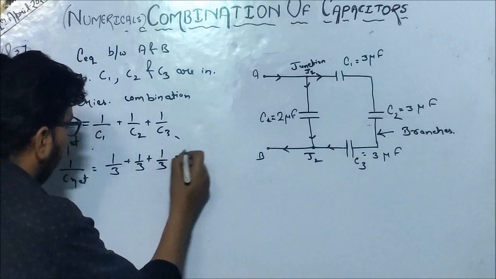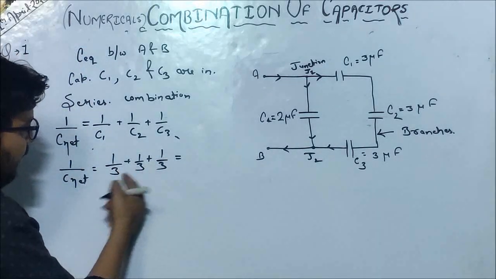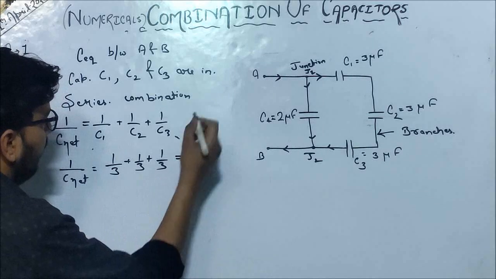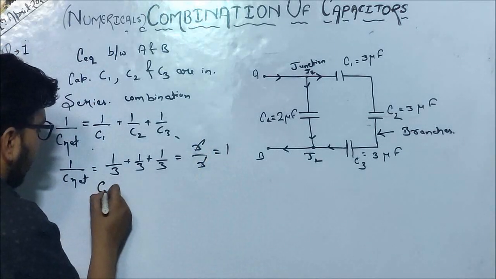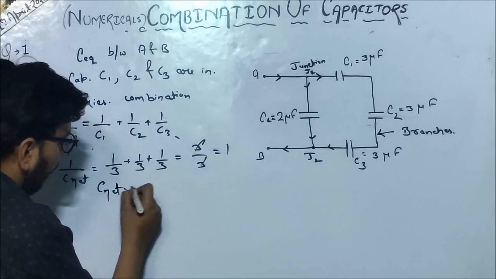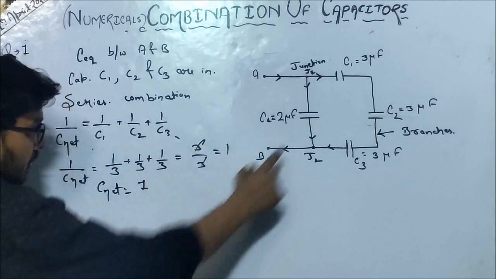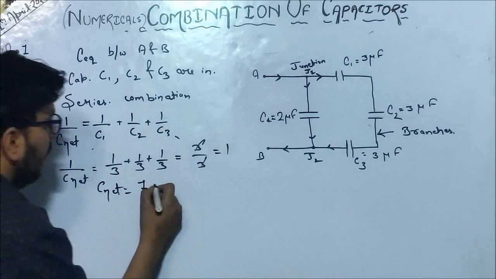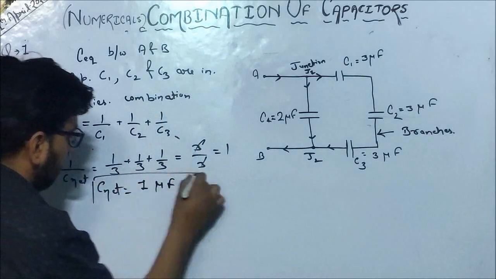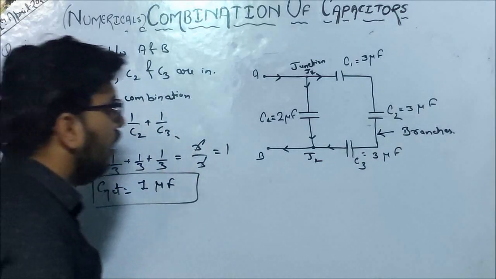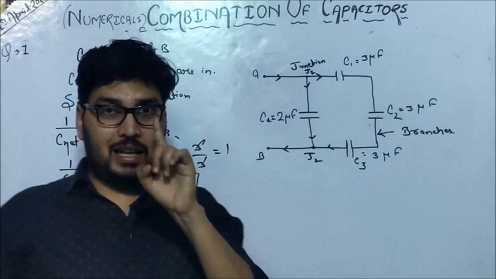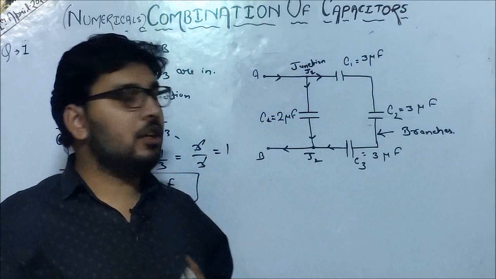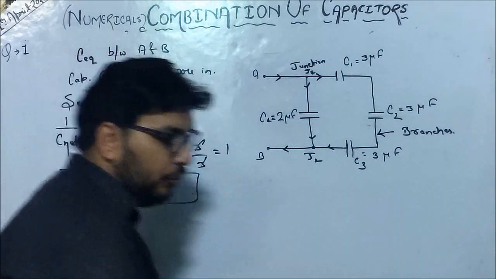The LCM will be 3, and in the numerator I get 3, so the value is 1. That means the net capacitance of this combination is 1 microfarad.